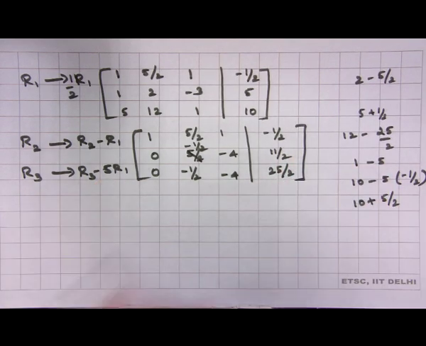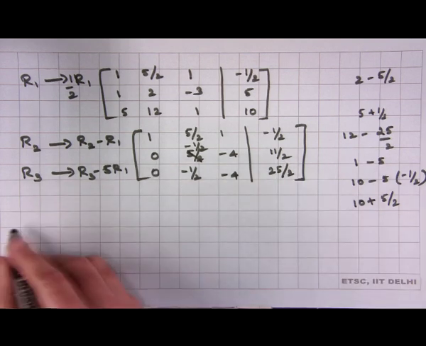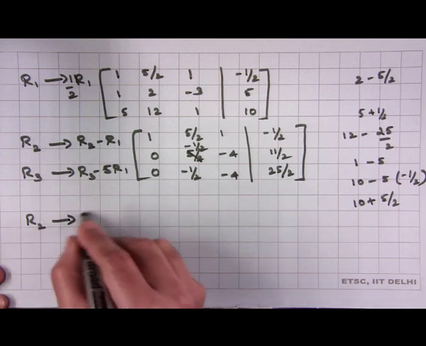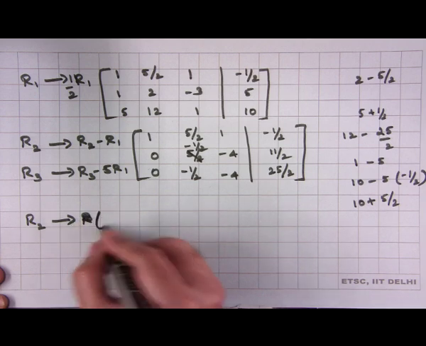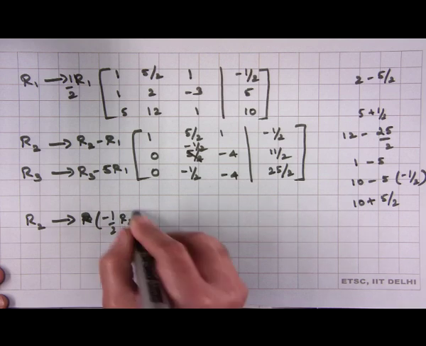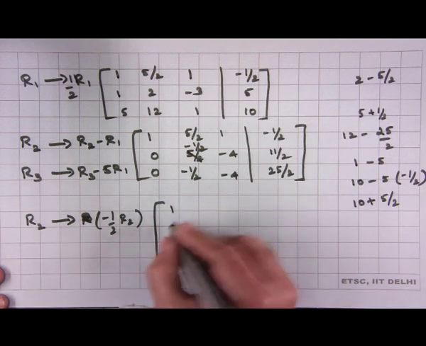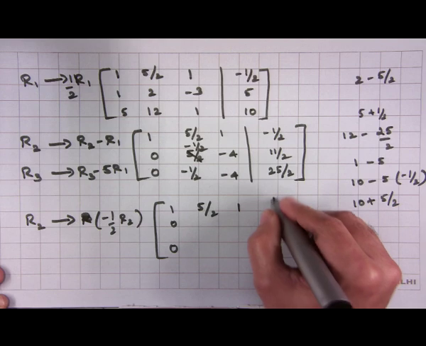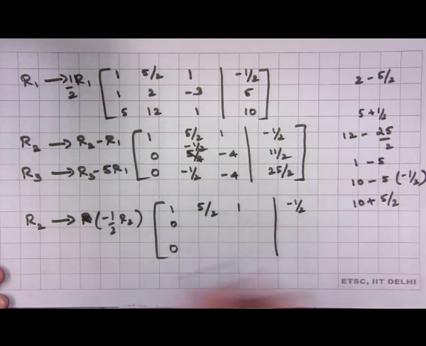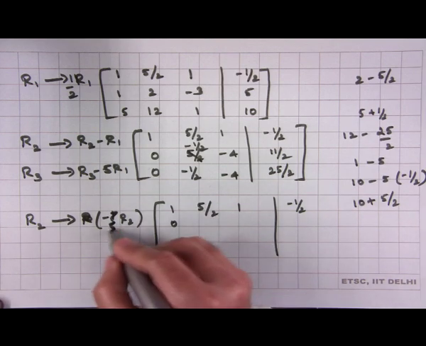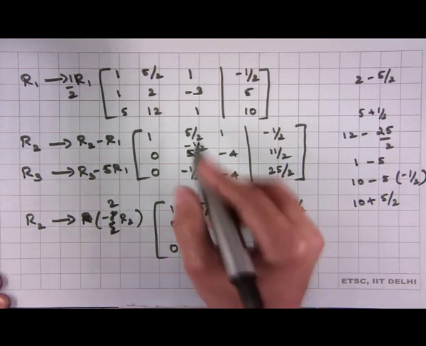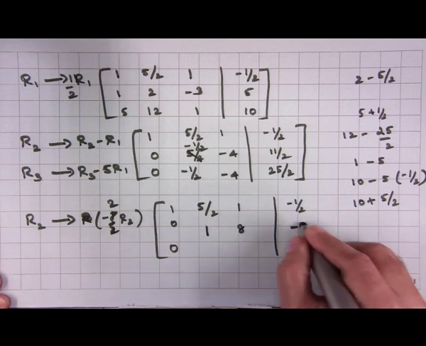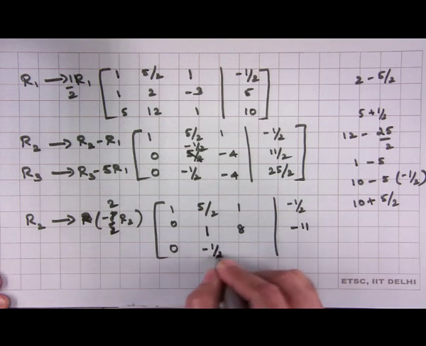Fine. Now, let me just convert this thing into 1. R 2 is replaced by minus half times R 2, that is, I am just multiplying it by minus 2. What I will have is 1 0 0, 5 by 2, 1, minus half, and then 11 here, with the remaining unchanged.